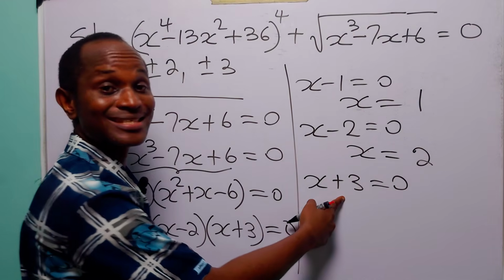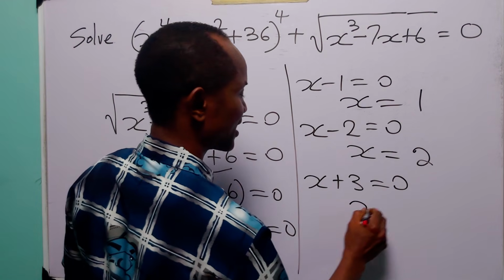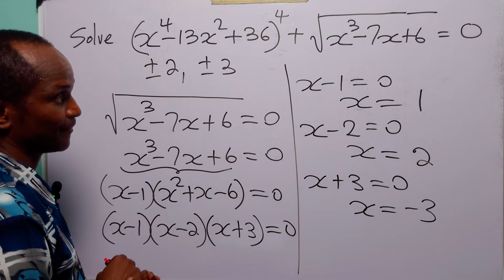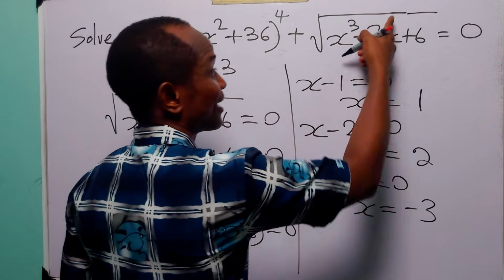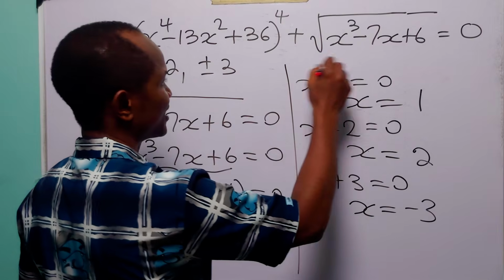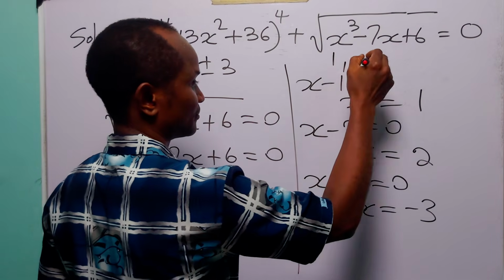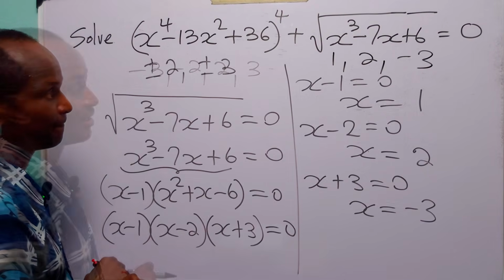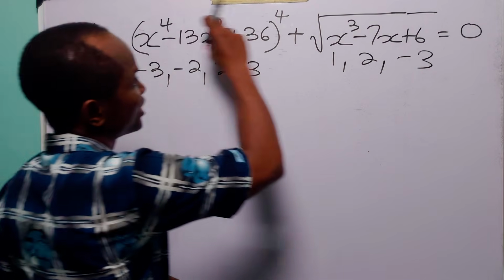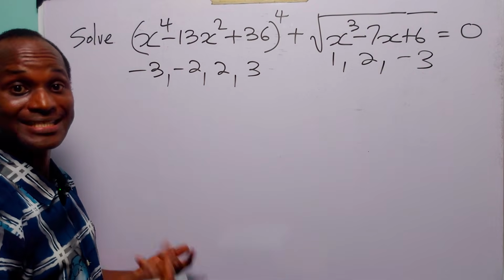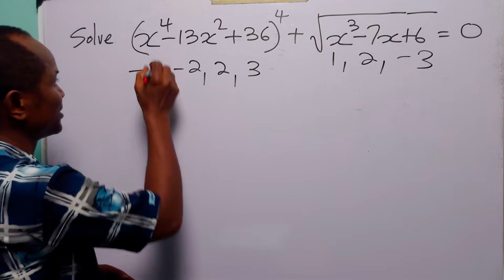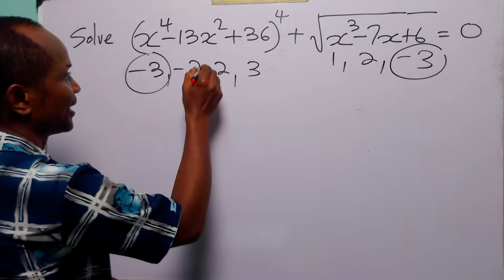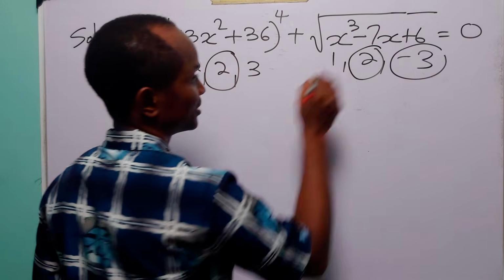And when you subtract 3 from both sides of this equation, you have that x is equal to minus 3. So when this is equal to 0, we have that the values of x are 1, 2, and minus 3. So finally, for this equation to be equal to 0, it's very easy to see that x must be equal to minus 3 and plus 2.